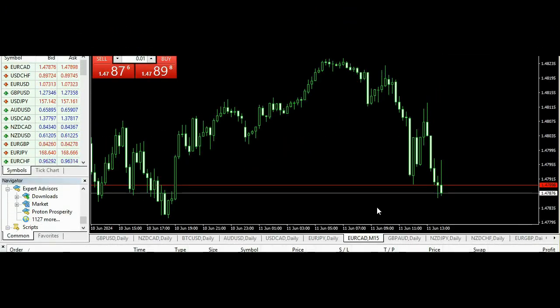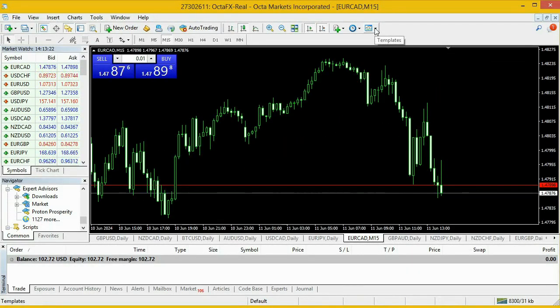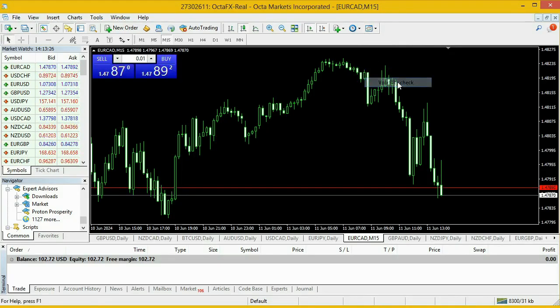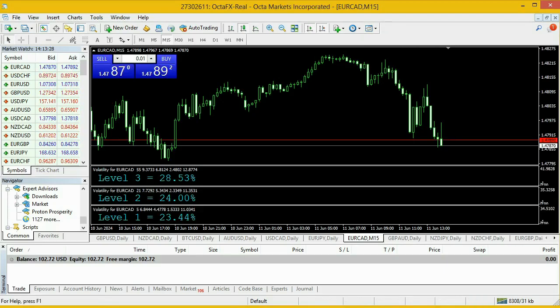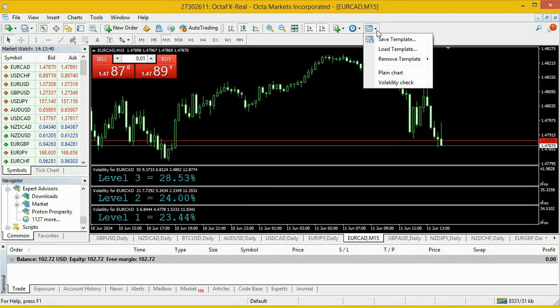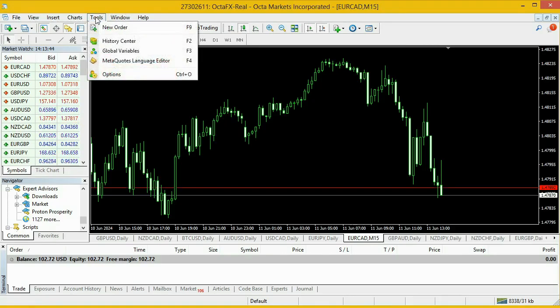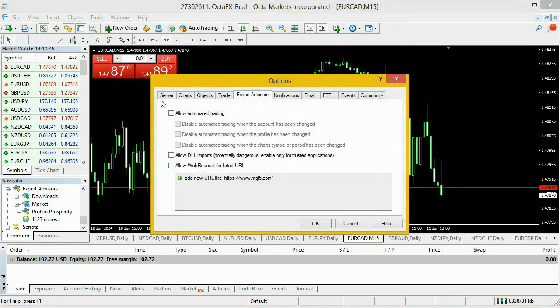Our second trade is on the euro and Canadian dollar currency pair. First things first, we check for volatility, and we only continue when all volatility conditions have been met. Everything is good here. We need to turn auto trading on.